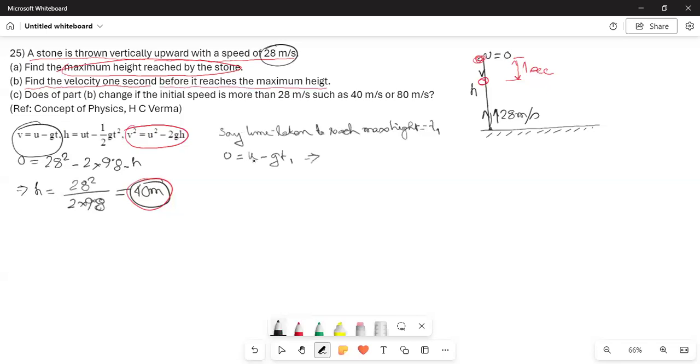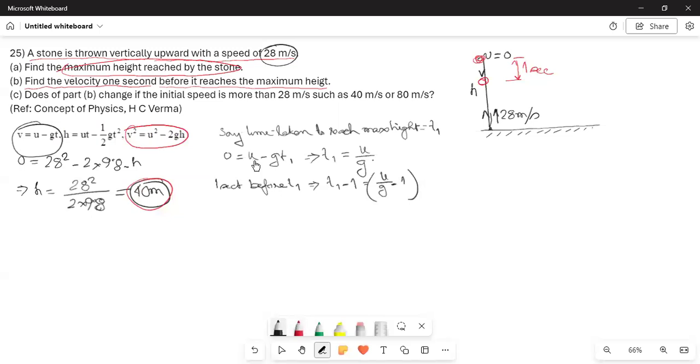So from here, we find t1 is equal to u by g. 1 second before t1 is u by g minus 1 second.